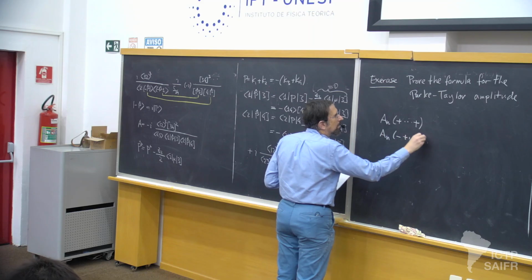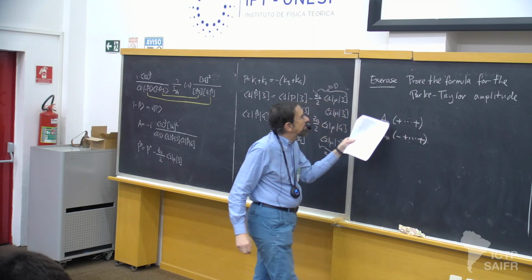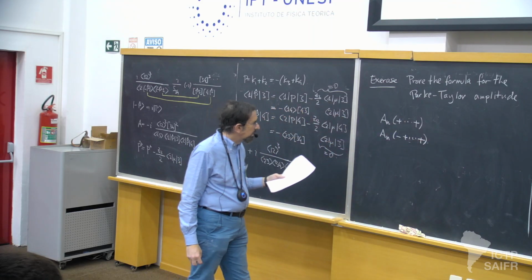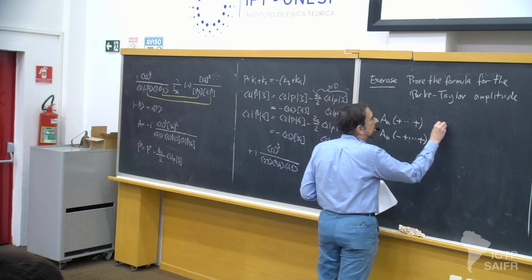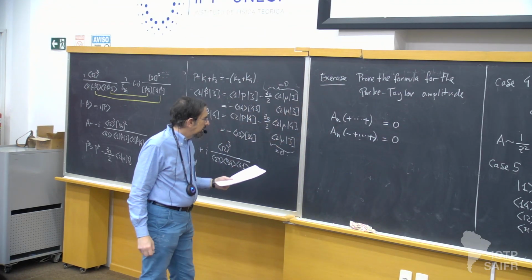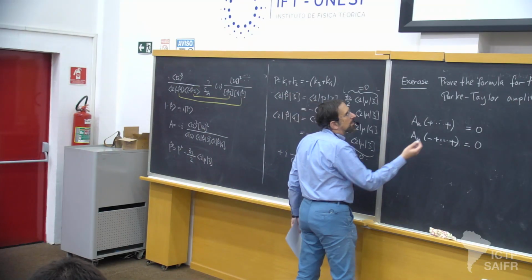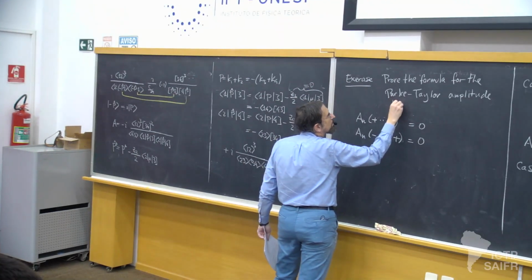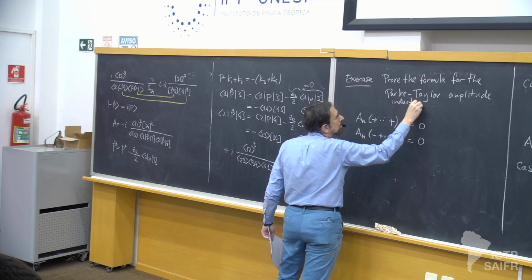And of course, they're complex conjugates where they're all negative or all but 1 are negative. And these amplitudes vanish. That can be understood by supersymmetry, but, and I should mention, it should be obvious, but you should do this by induction, of course.